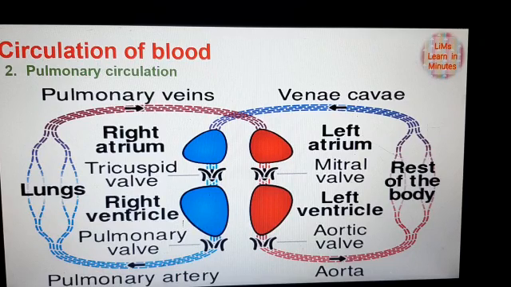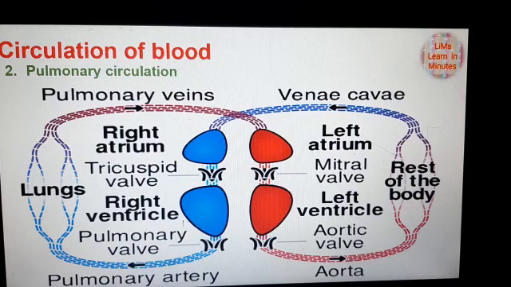Second, pulmonary circulation. The blood from the right ventricle is pumped into the pulmonary artery, which carries it to the right and left lungs through 2 branches. These arteries further branch to form pulmonary capillaries, which surround the alveoli, where the exchange of oxygen and carbon dioxide takes place.